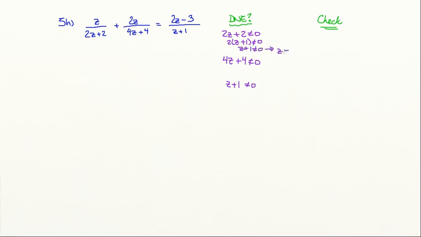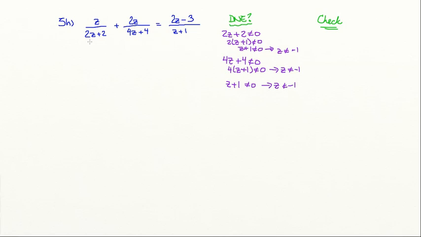Z cannot equal negative 1. Okay, and for this one, I will also get z cannot equal negative 1. And z plus 1, oh, that's going to be the same thing, right? Because I subtract 1 from both sides. Okay, so z cannot equal negative 1.